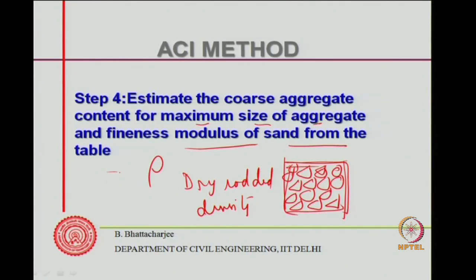So, estimate the coarse aggregate content for the maximum size of aggregate and fineness modulus of sand from the table. This is the volumetric coarse aggregate content, or proportion of the coarse aggregate content in fractions, that we can find out. We will look into the table, but before that I would like you to recollect, when we discussed aggregate, we talked about fineness modulus.